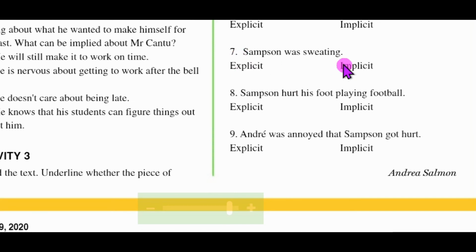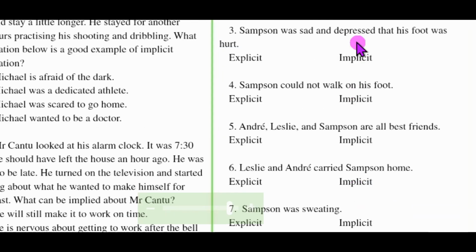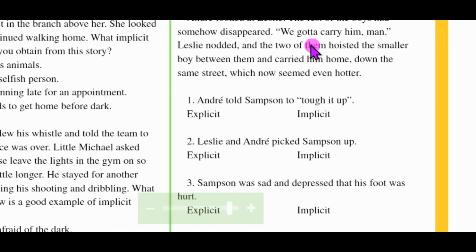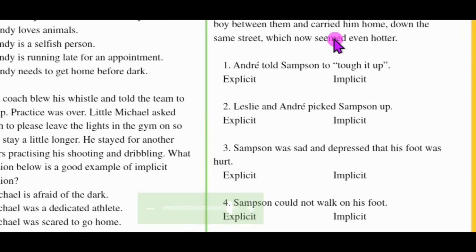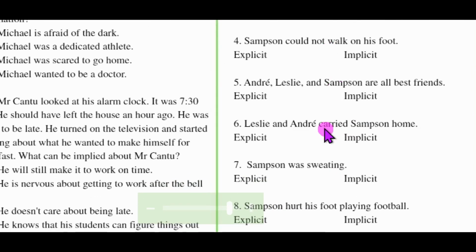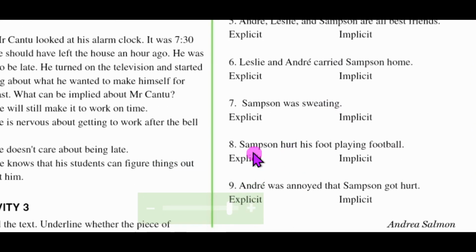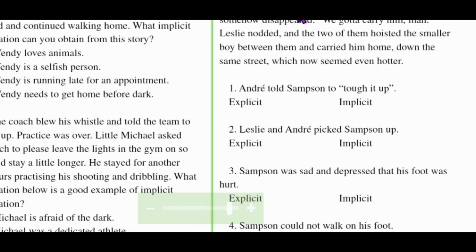Number 7, Samson was sweating, and that is explicit. Let's find it in the text. It says here, sweat poured off his face. So we see that in the text, so that's explicit. Samson hurt his foot playing football. This is implied.